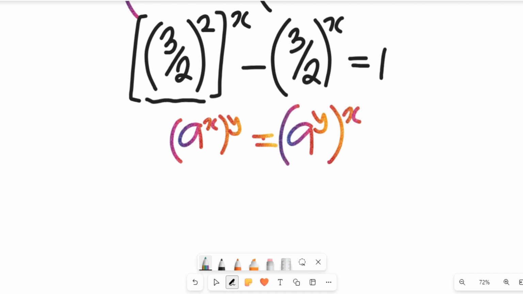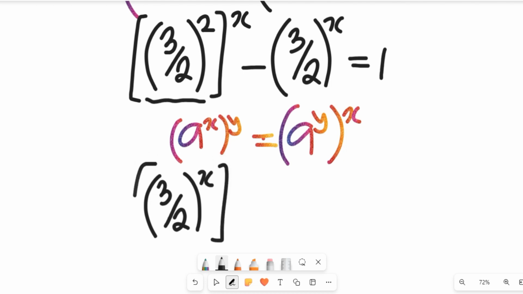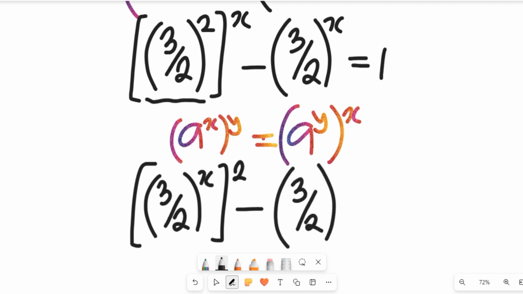So that's more of an inverted powers. This will now give us 3 divided by 2 all to the power of x first, so the general power will now be 2, minus 3 divided by 2, all to the power of x, while this will be equal to 1.